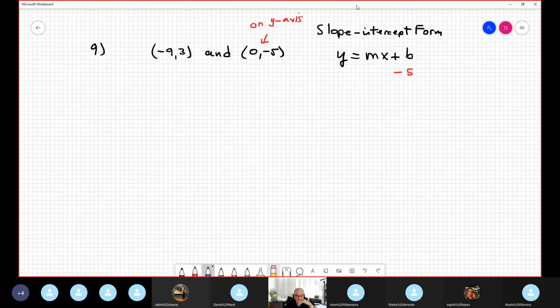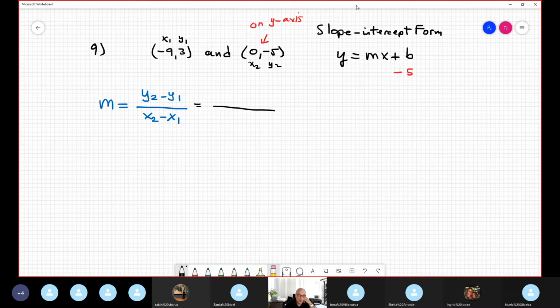The formula for the slope is the ratio between y2 minus y1 and x2 minus x1. Here I declare that my first point is x1, y1, and this is my second point, x2, y2.